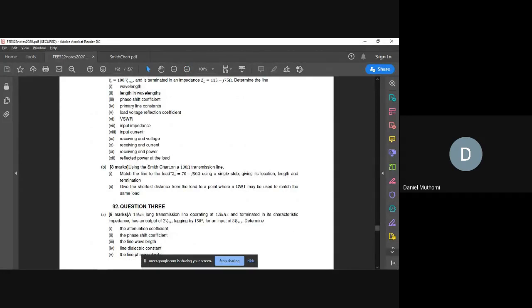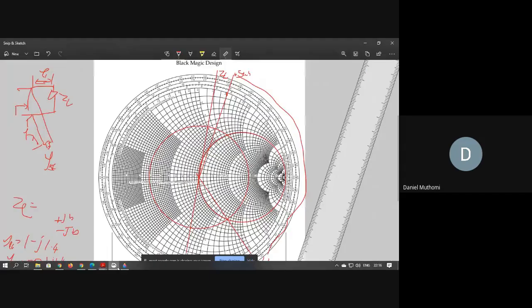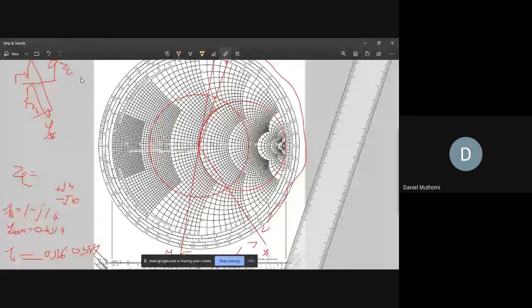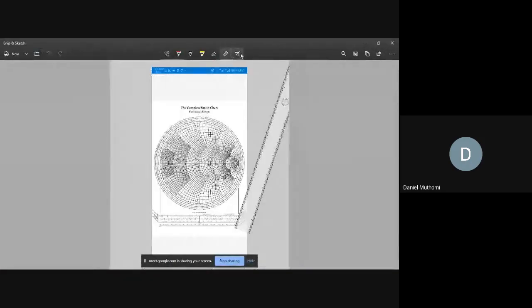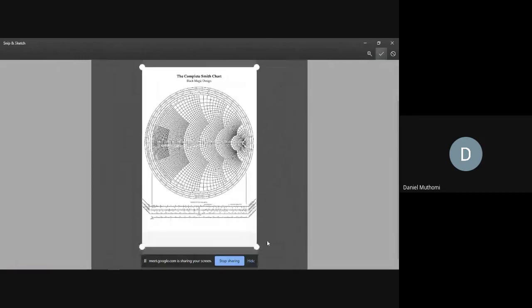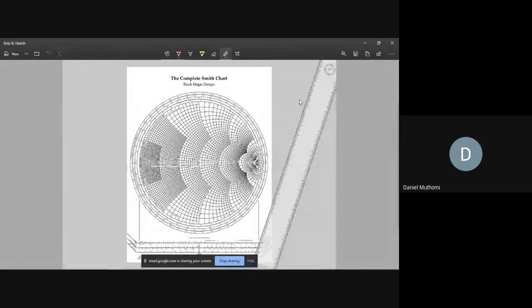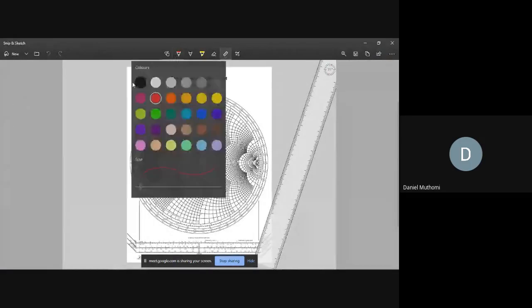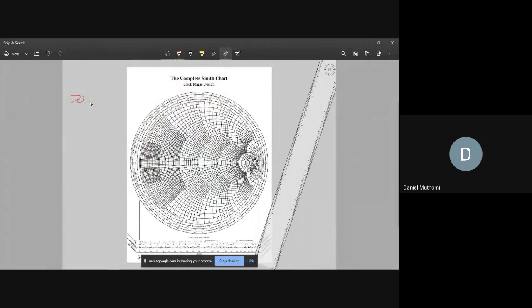So you're being asked, using a Smith chart on a 100 ohm transmission line, this is the characteristic impedance, match the line to the load. ZL equals 70 plus j50.